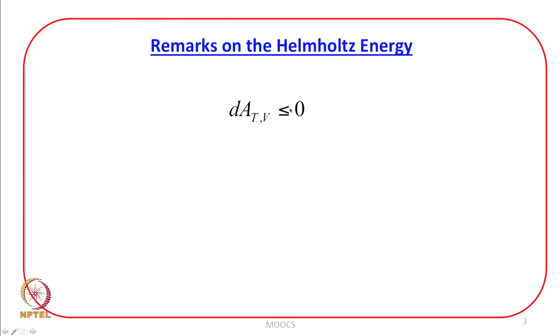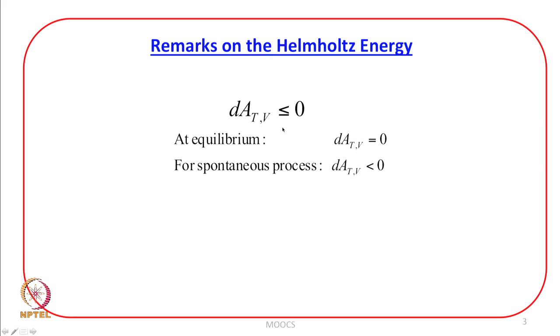According to this criteria of spontaneity, the change in Helmholtz function or Helmholtz energy at constant temperature and volume should be less than or equal to 0. Let us recall that equal to sign is used for reversible process, means we are talking about equilibrium.